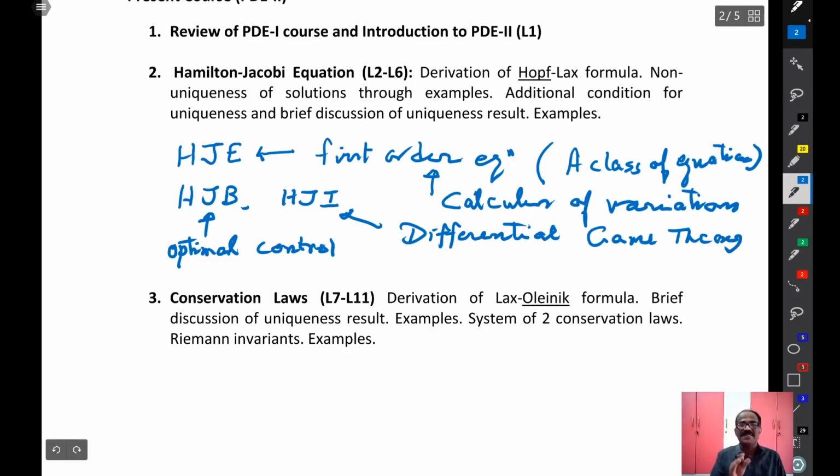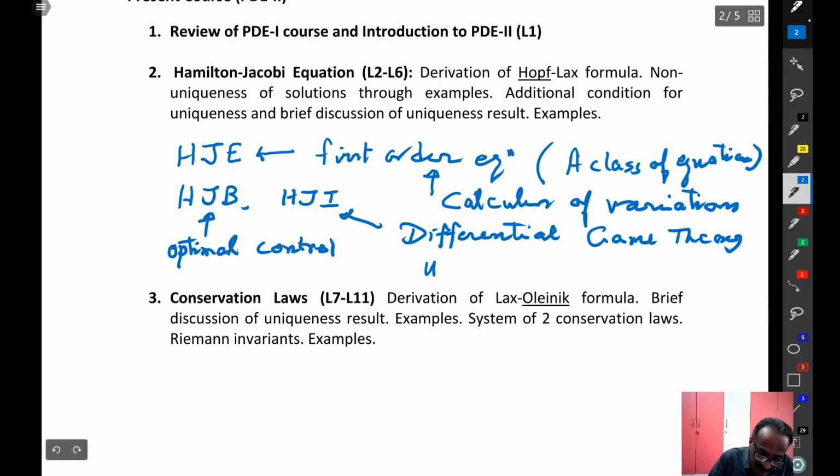This is a very special type of nonlinear equation which doesn't in general have a variational structure. Our main idea is to derive what is called the Hopf-Lax formula, which is a very special formula. We will be deriving the Hopf-Lax formula, which gives you a formula for the solution of the Hamilton-Jacobi equation.